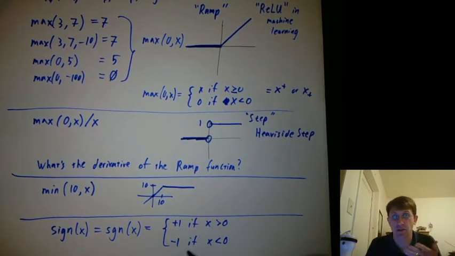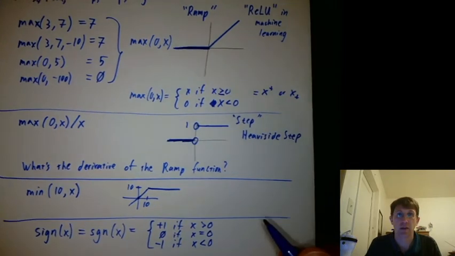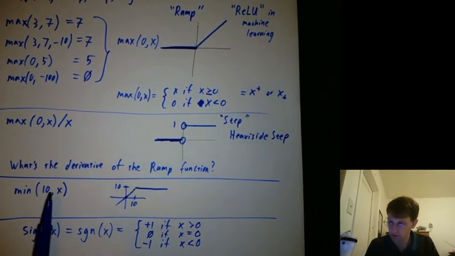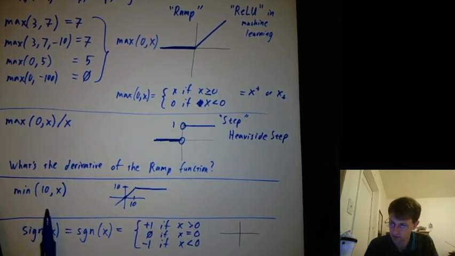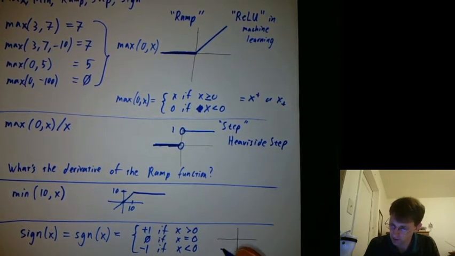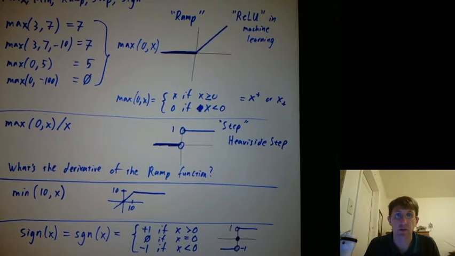It's negative, and just negative 1. And if x is 0, then it's not a positive or a negative number, so its sign is 0. So we can graph that pretty easily. So come in here at negative 1, go out here at positive 1, and have a filled dot right there.